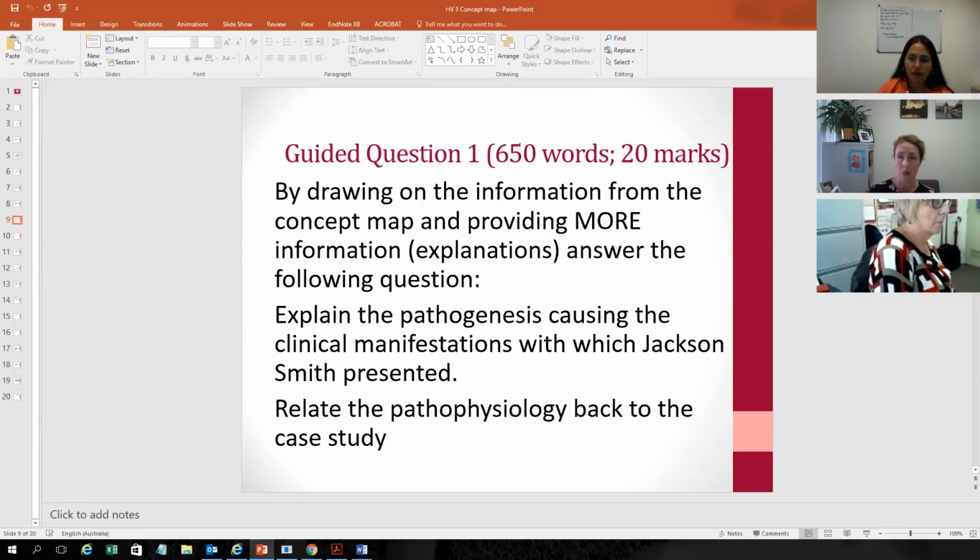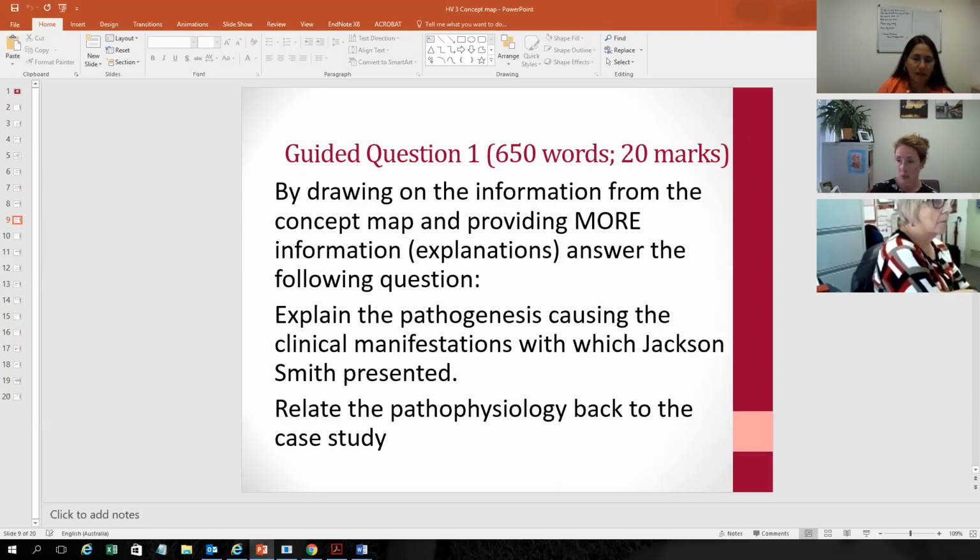So you can either start with the signs and symptoms, group what's related together, and bring it back to the pathogenesis, or go the other way and talk about the pathogenesis, and then how Jackson is displaying the signs and symptoms that are caused by that pathogenesis. Either option is acceptable, but please cover each of those clinical manifestations that has been provided in the case study.